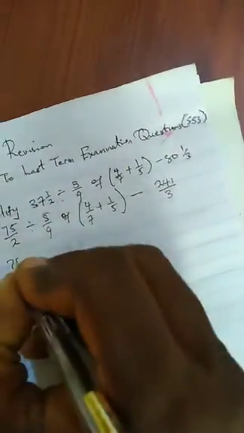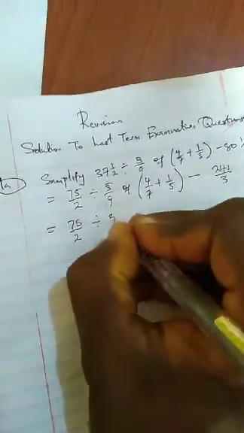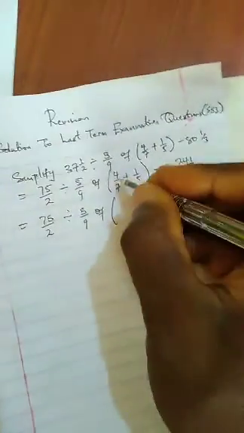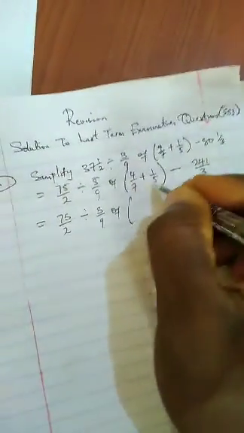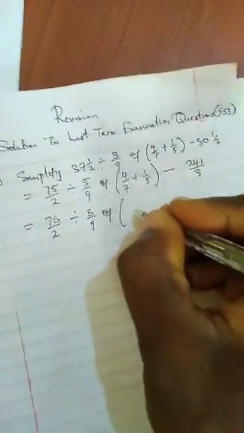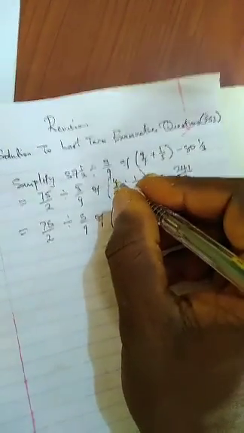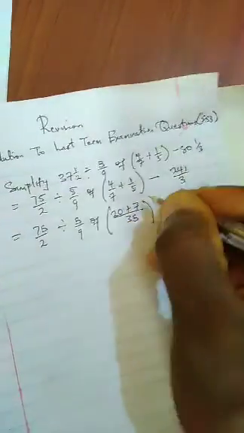So we have 75 over 2 divided by 5 over 9 of, we have 4 over 7 plus 1 over 5. The LCM here is 35. 7 in 35, we have 5. 5 times 2, 5 times 4, we have 20, plus 5 in 35, we have 7. 7 times 1, we have 7.